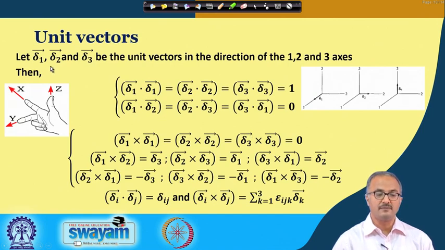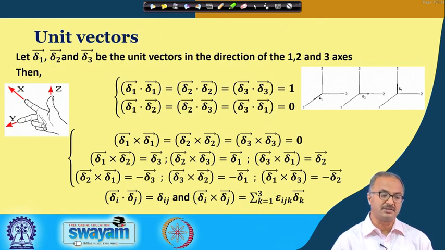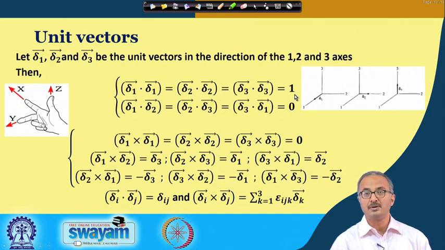Now suppose we have these dyadic vectors. These are nothing but i, j, k in case of Cartesian coordinates. In other coordinate systems they can also be applied. This is more generalized; it does not depend on the coordinate system. So here you have delta 1, delta 2, delta 3, and they are unit vectors. If you take the dot product, delta 1 dot delta 1, delta 2 dot delta 2, delta 3 dot delta 3, they all come to be 1.